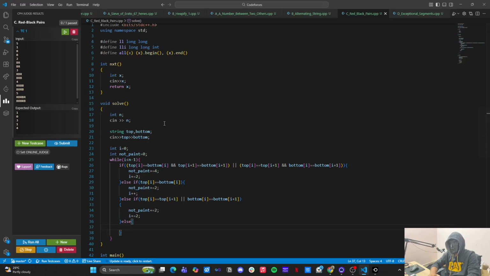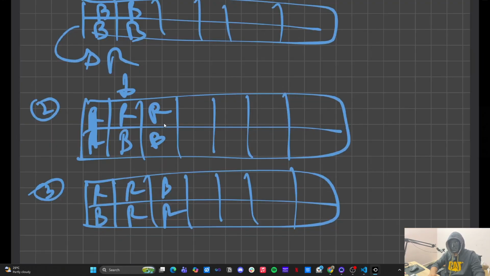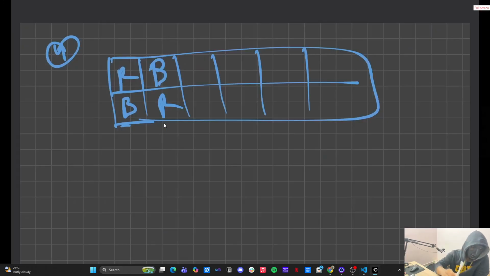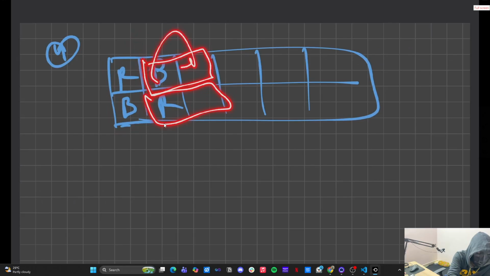Else what does it mean? At the end it's like all pairs are different. The fourth case, as you can see, all are different. Since all are different, in this case what I'll be doing is I'll be basically taking this pair. I'll be painting just one, any one I'll be painting, and I'll move 1 pointer ahead, so that greedily, in hope, I'll get in future a pair wherein we should not be painting.